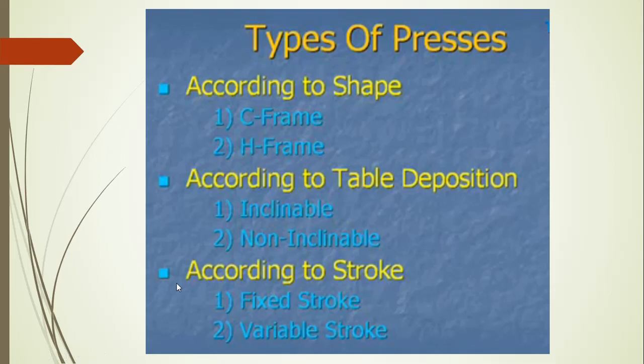Then to perform the cutting, bending and drawing operations, we have to use different types of presses. Number one, according to shape, the press is divided into C frame and H frame. Then according to the table position, that is inclinable and non-inclinable, and according to stroke, that is fixed stroke and variable stroke. These are the different types of presses.